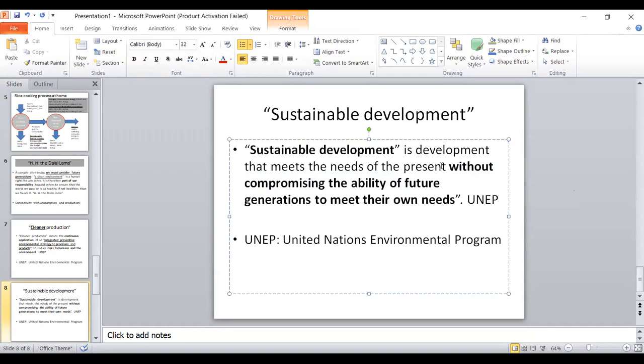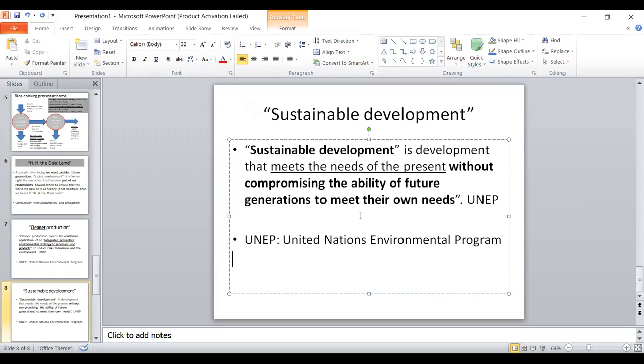The development that meets the needs of the present, but you should not compromise the future generations' potential and ability to meet their needs as well.